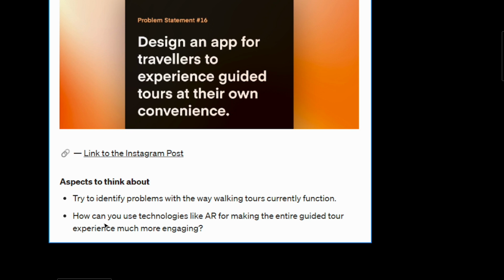And the other thing is, how can you use technologies like AR, which is obviously augmented reality, for making the entire guided tour experience much more engaging? So here it's about engaging, and here it's about trying to solve problems with the current way of walking tours. So the first thing that I would probably do is to identify the current problems and the current behaviors of people. All right, that's the first thing that I would do.